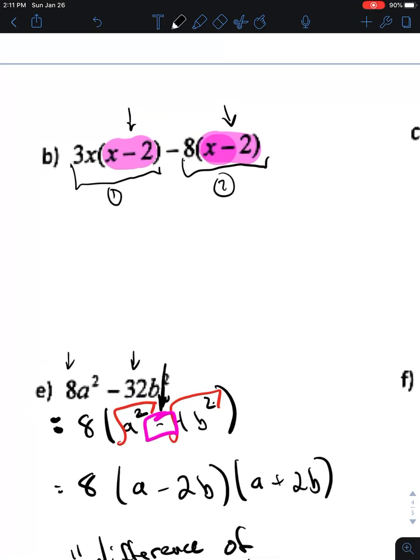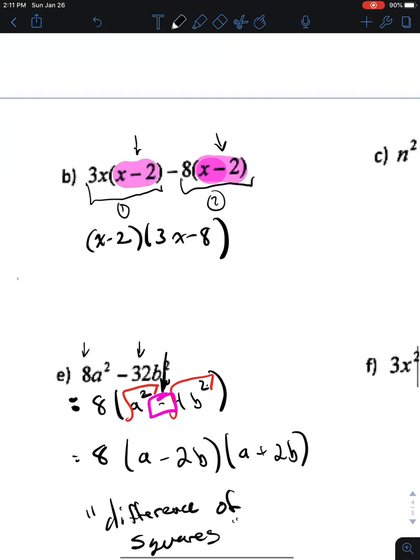So then I can just take the x minus 2's and factor them out. I have two pieces with something shared between them. So I'm going to take the x minus 2's and factor them out. So then it's going to go x minus 2. And what's left after if I got rid of the x minus 2's? 3x minus 8.